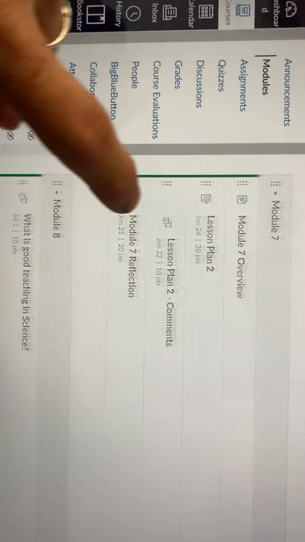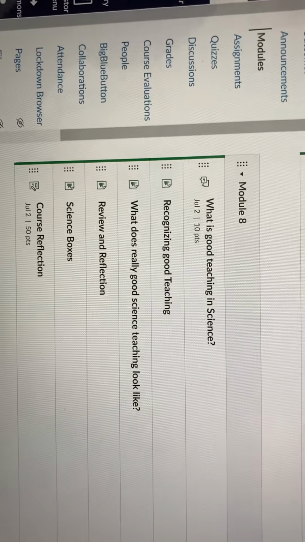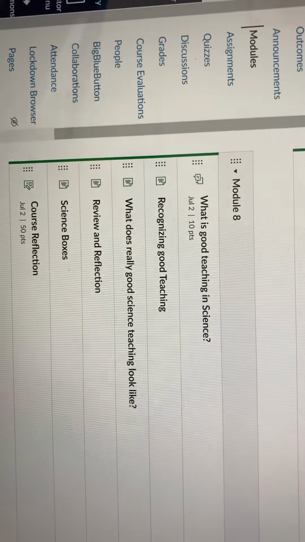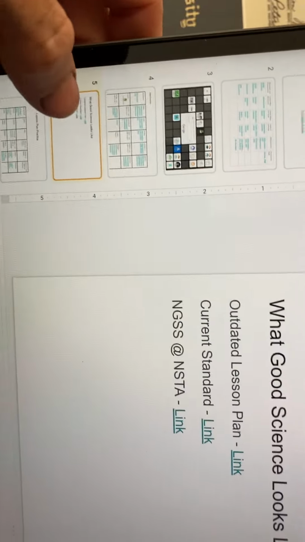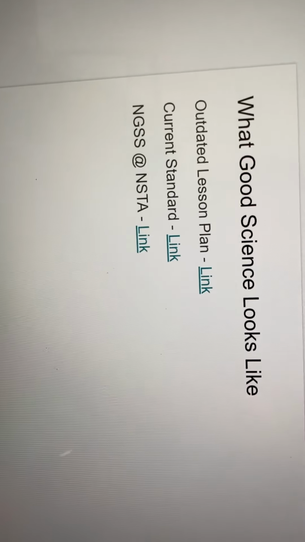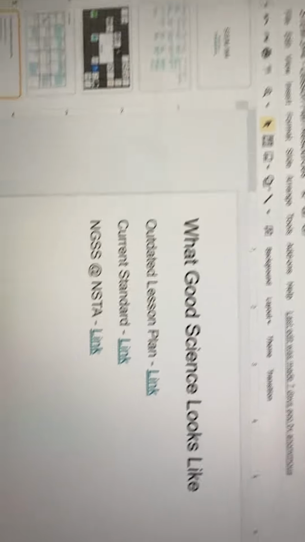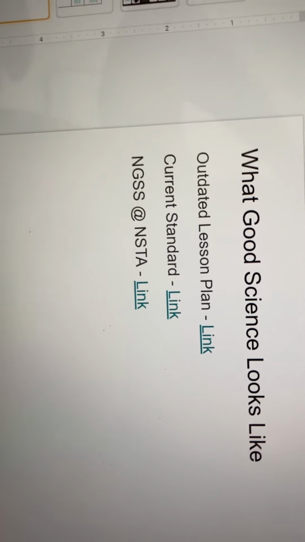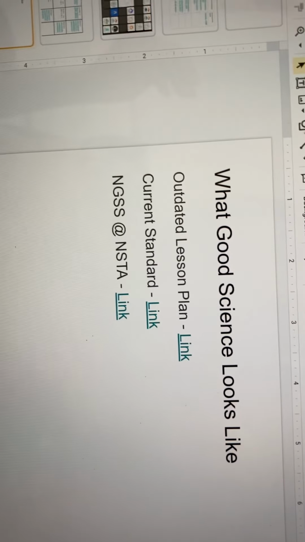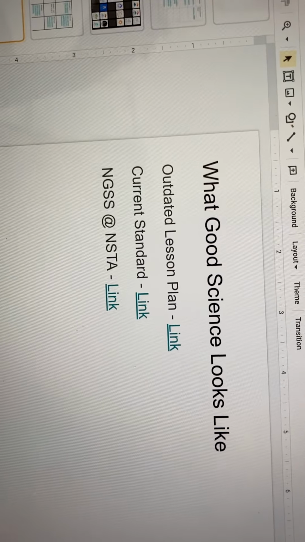Also in week 7, we talked about what good science teaching looks like. I think you would like this: I had them look at an outdated lesson plan, which is in my STEM 394 resources, and make it into a BVU lesson plan, stages 1 through 3.